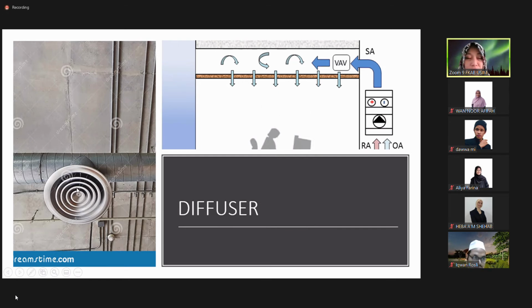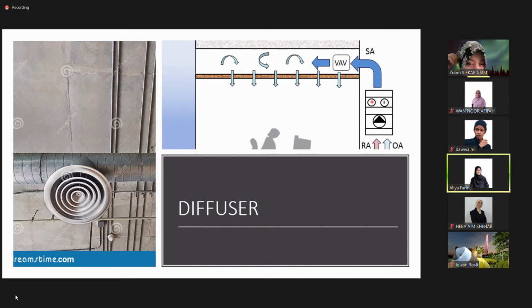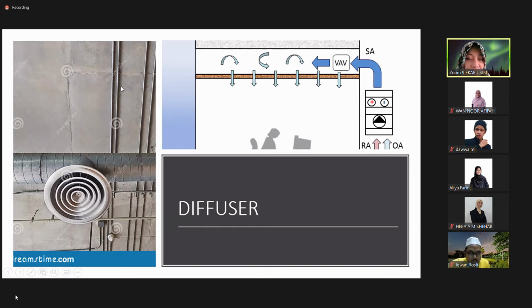So you need a diffuser. If not, the air cannot cool the area. Now you know which is the diffuser and which is the ducting? Yes. So above this diffuser is the ducting. This is ducting.